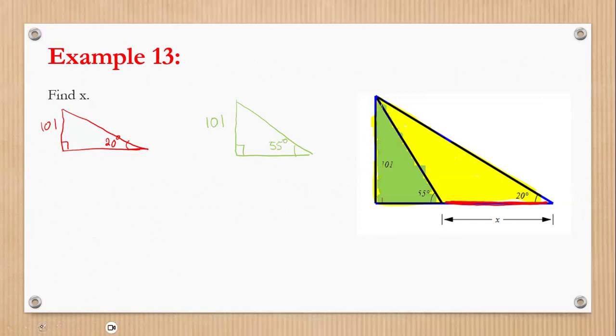Let's see what we can find from each of these triangles.